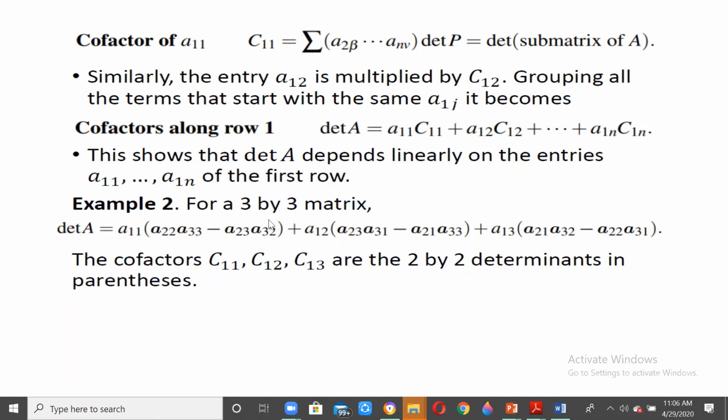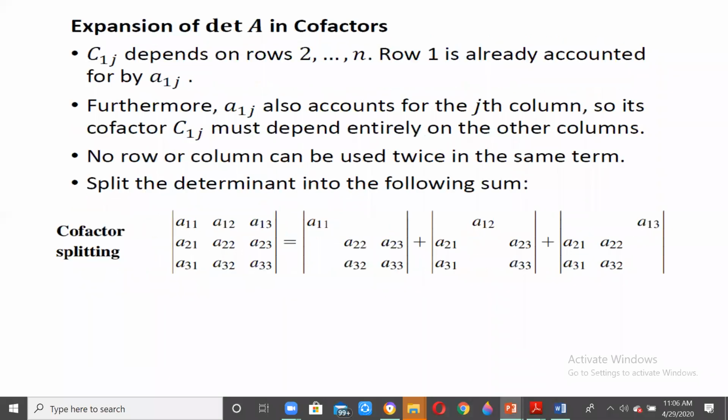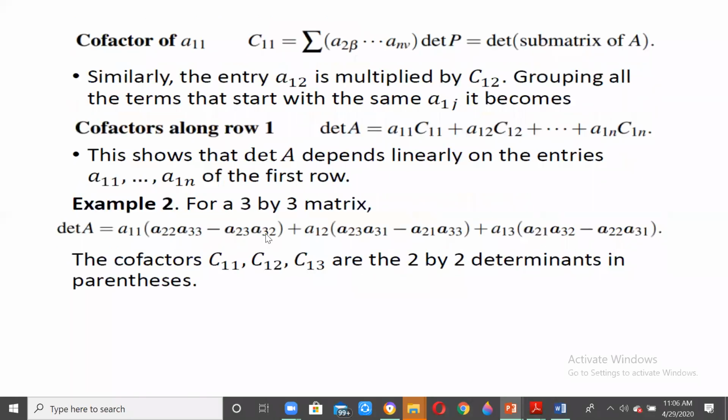A11 is multiplied by the cofactor of A11, and that is nothing but this itself. That means A11 multiplied by A22 into this minus the multiplication of these two, and that's what is written there.